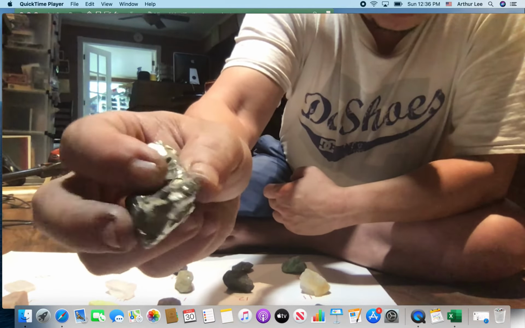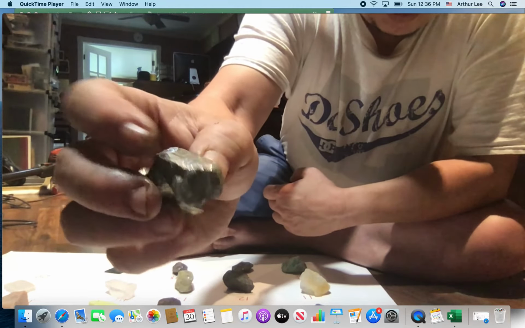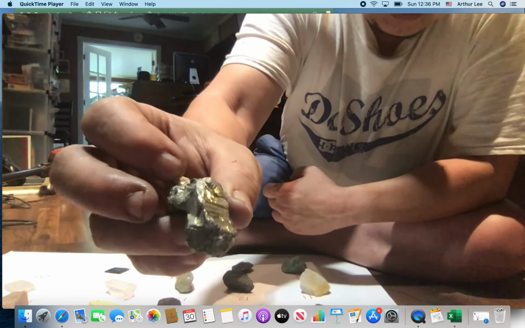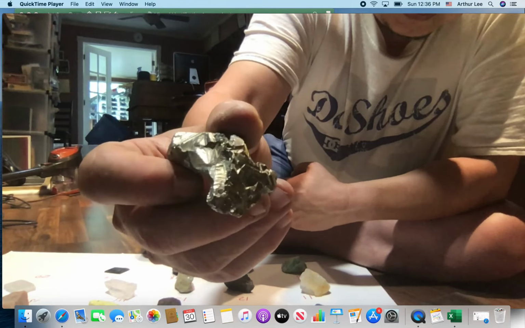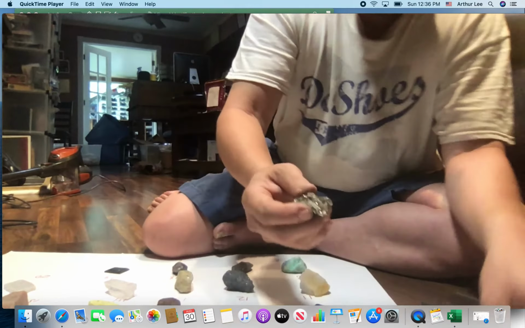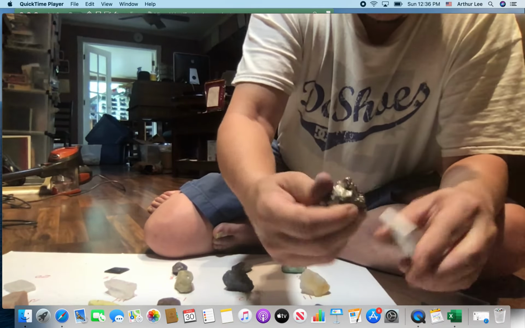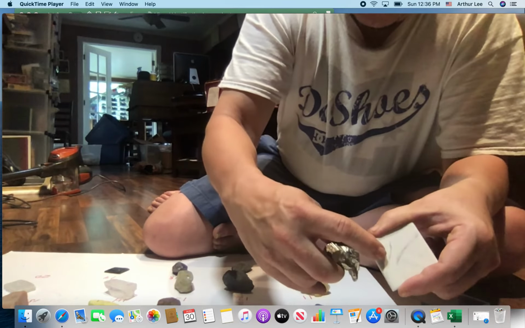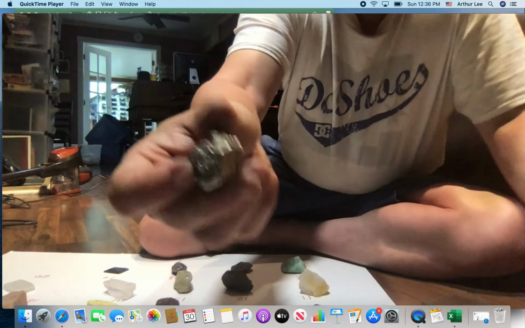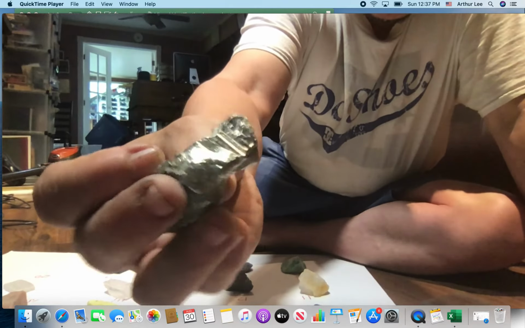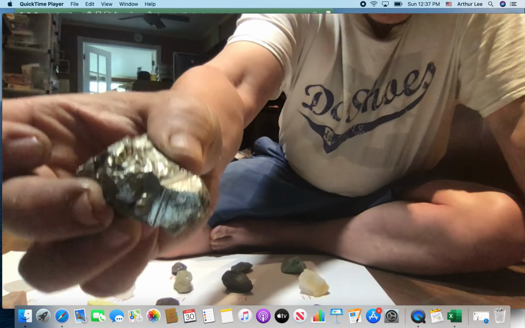What precious metal might you confuse this with? Rub it against a white plate. Gives you a black streak. Number 20.